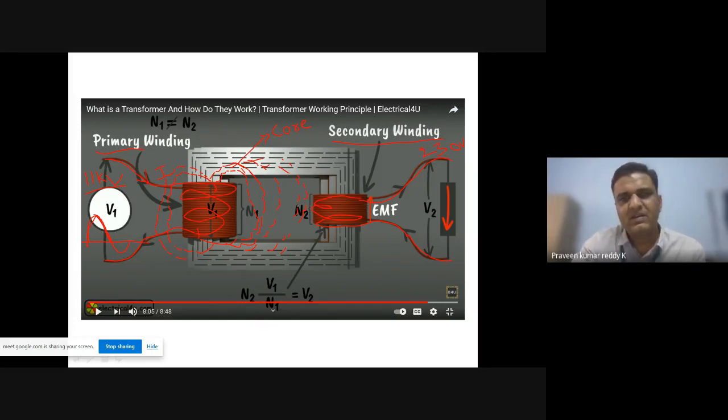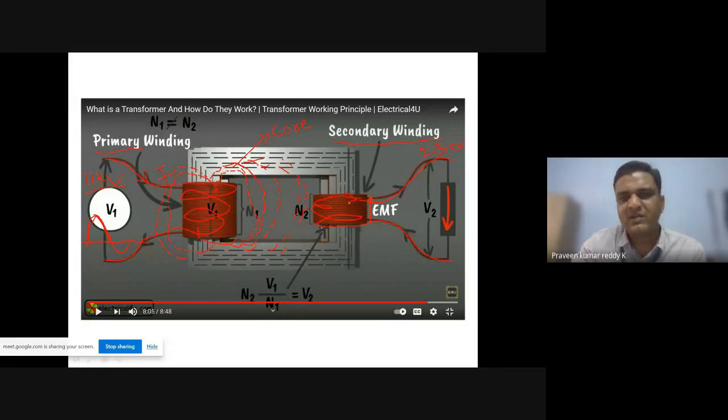That is, when you pass a current through a winding, electromagnetic flux will be generated, and when you bring another coil inside that electromagnetic field, a current will be induced in this new winding, the secondary winding, which is brought into that magnetic field. This is from the basic principles of physics, Faraday's law and all those things.